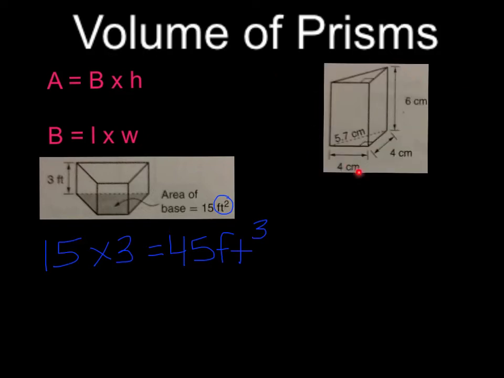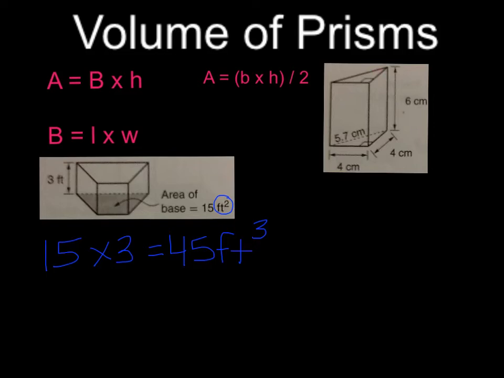Next, we are going to find the volume of this prism. You will notice that its bases are made up of right triangles. Do you remember how to find the area of a triangle? In case you forgot, here is the formula for the area of a triangle: area equals base times height divided by 2.